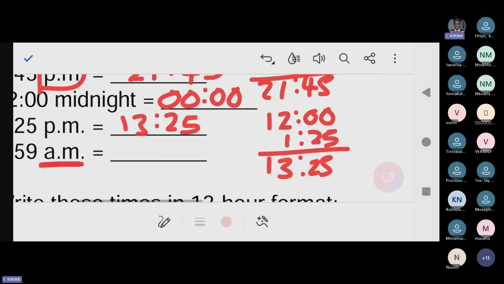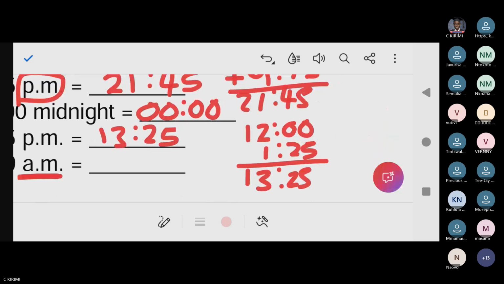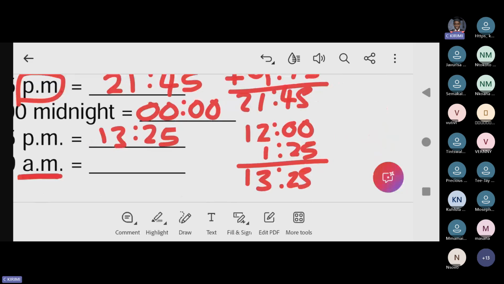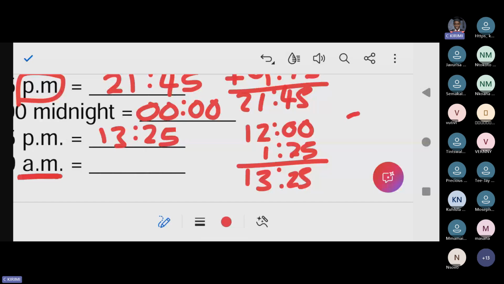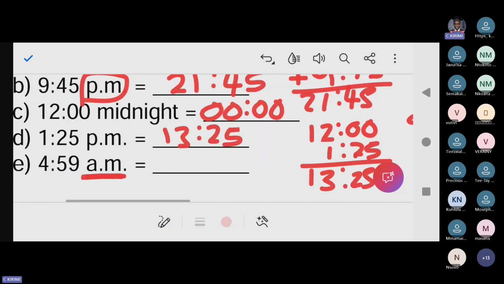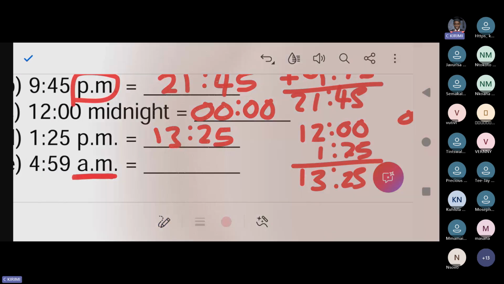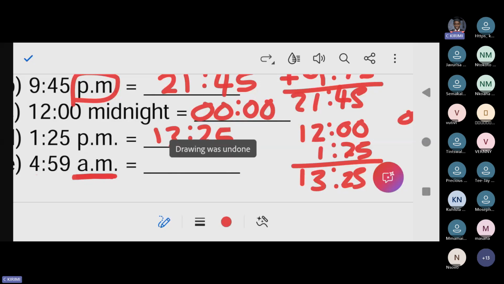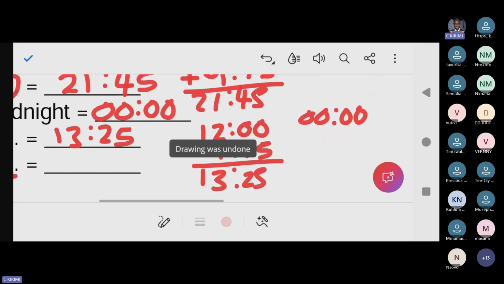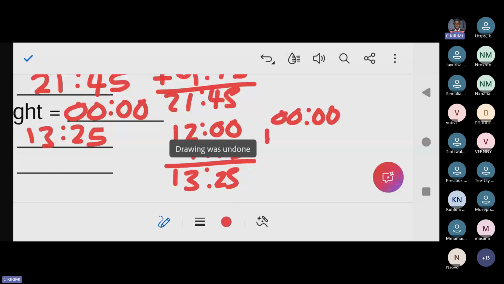Midnight is 00 hours, so we are writing 00 hours. It's 4 hours 59 minutes after midnight, which means early morning, so we are adding 4 hours 59 minutes to that time.